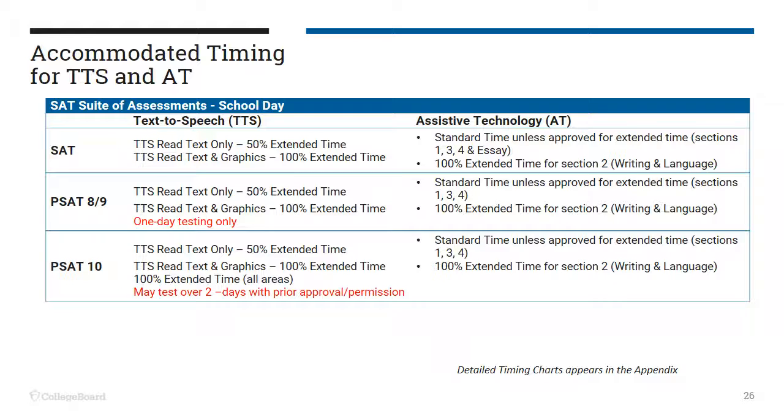For PSAT 10, 50% or 100% extended time testers can test over 2 days with permission. For the assistive technology, students testing with an AT accommodation should test with standard time, with 100% extended time for the writing and language section, unless they are approved for an extended time accommodation.